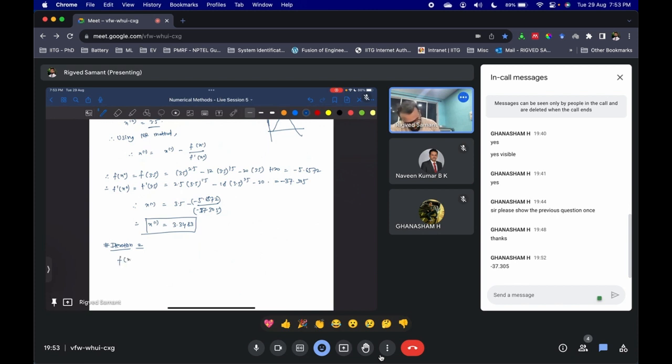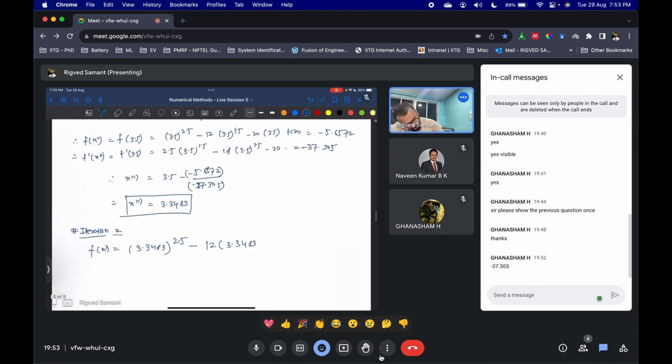So f of x1 would be 3.3483 raised to 2.5 minus 12 into 3.3483 raised to 1.5 minus 20 into 3.3483 plus 120.